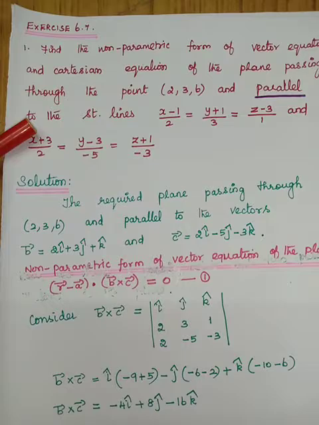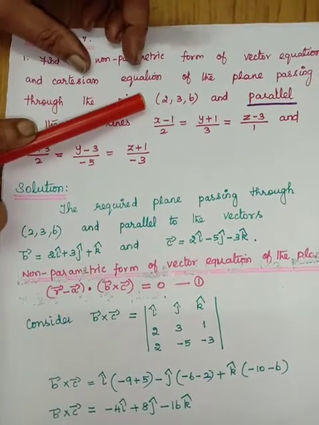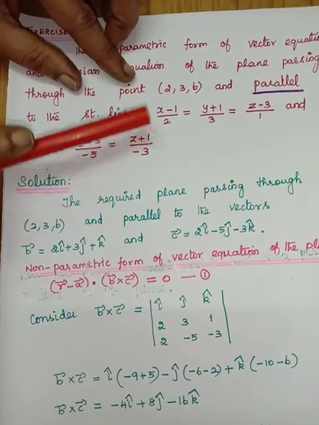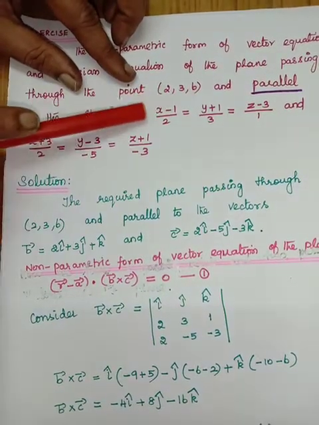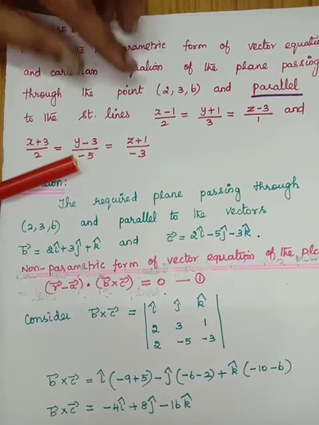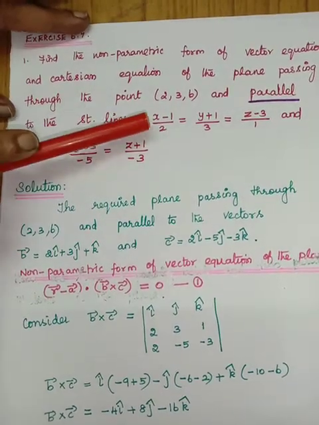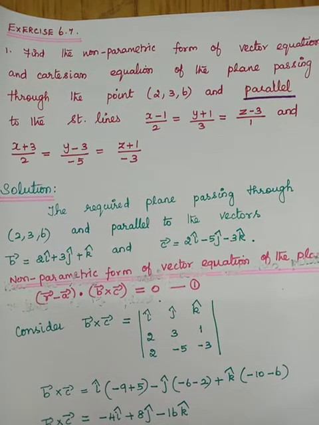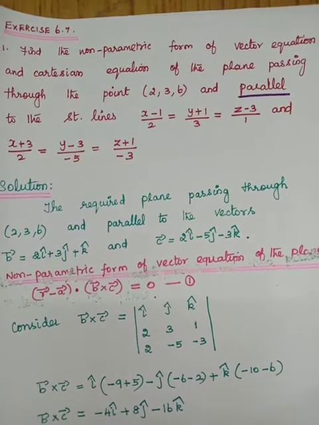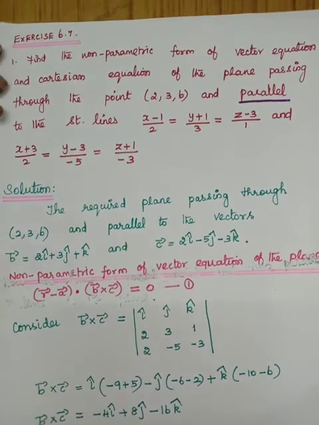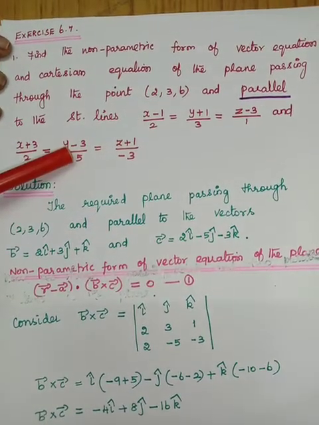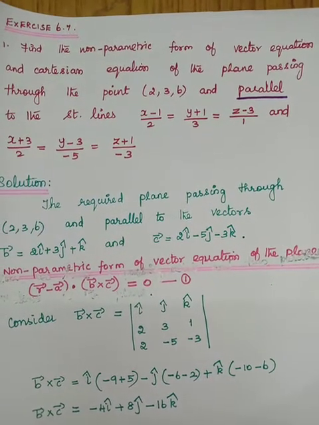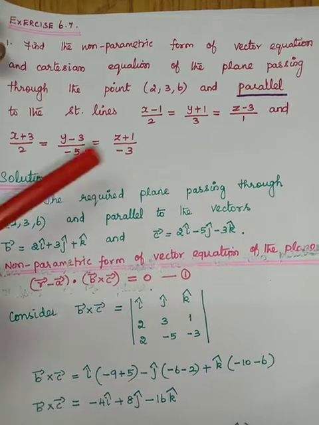So the required plane passes through this point and is parallel to the parallel vectors of the straight lines. You see that the plane and the two given straight lines are parallel. So the required plane is parallel to the parallel vectors of the given straight lines. So from the given straight lines, you have to take the parallel vectors. How to take them?